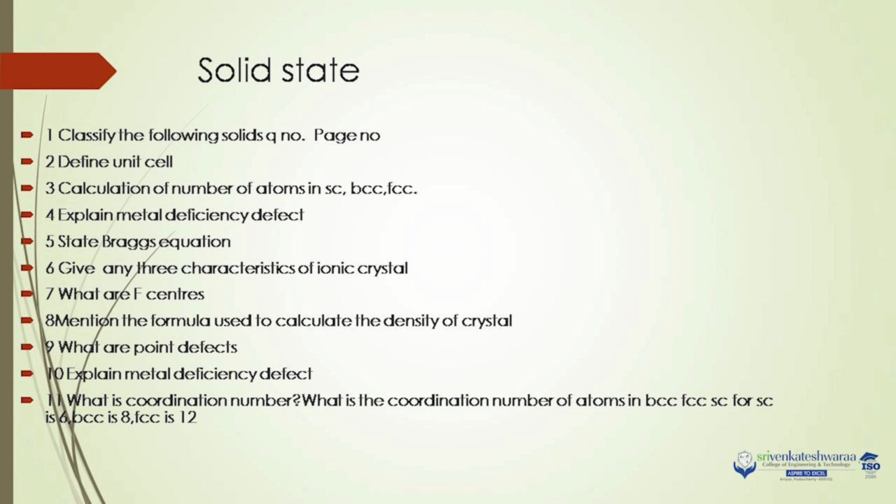Face centered has atoms at the corners plus atoms at the faces. We have 6 faces, so it equals 4. That is the calculation of the number of atoms in simple cubic, body centered and face centered.